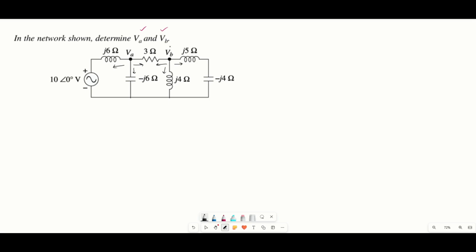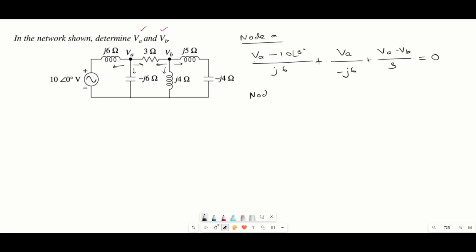As per that, if you write down the equation, applying for node A, it will be VA minus 10 angle 0 degree divided by the impedance, which is J6. Then plus VA divided by minus J6. Then the third term is VA minus VB divided by 3 equals 0.